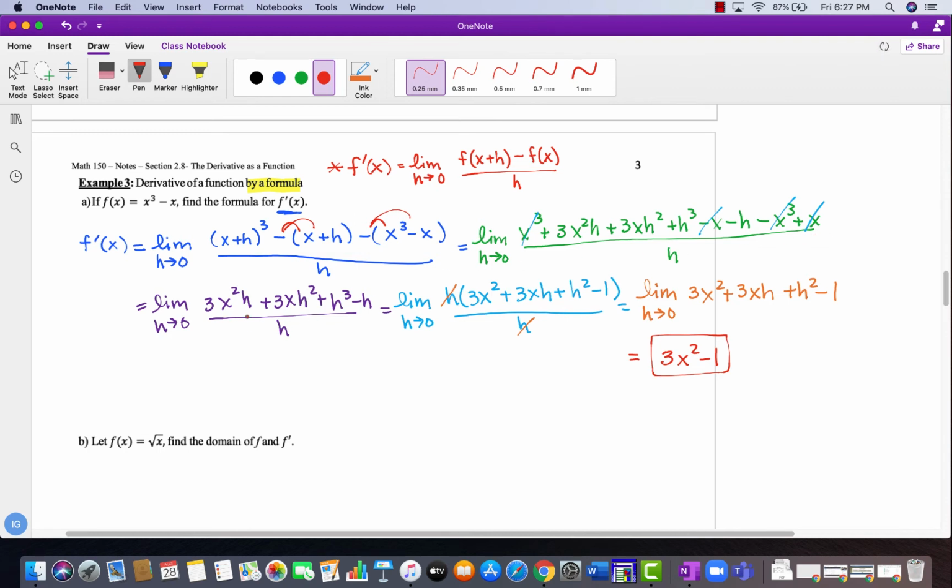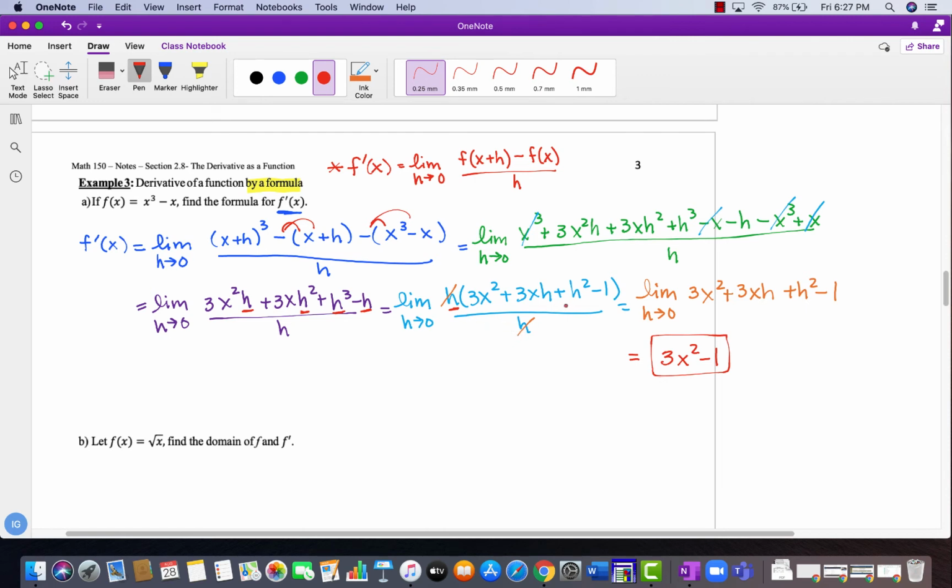Once you do that, notice you still have an h in every term, so you can factor that one out and then divide it with the h on the denominator, okay? When you're doing this, notice that you're always going to end up canceling this h on the denominator or dividing it out, because remember, your limit is going to 0. So you don't want 0 in the denominator. So normally that's what's going to happen.